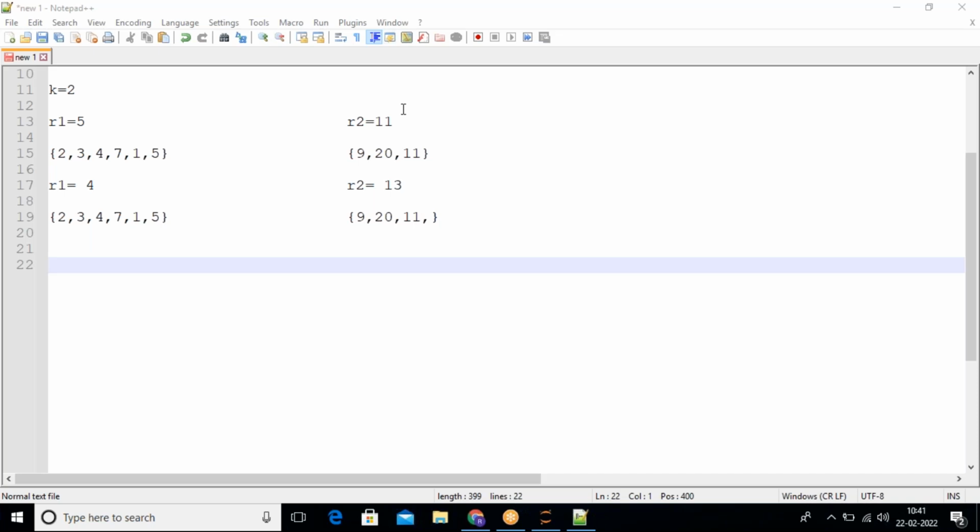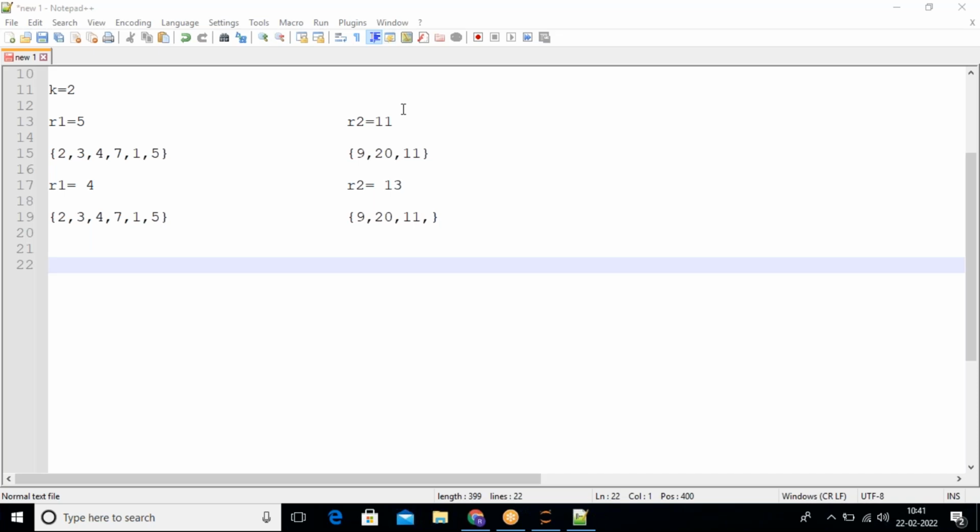But if we have a very large data set, and it takes 100, 200, 300, 500, 600 iterations, when will we stop?